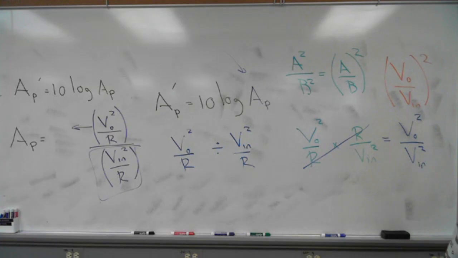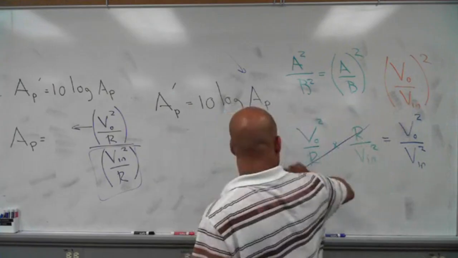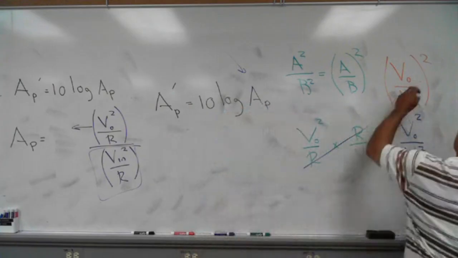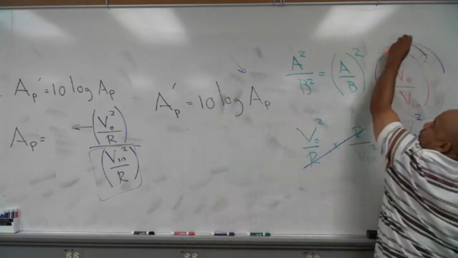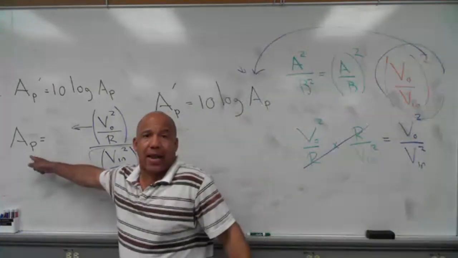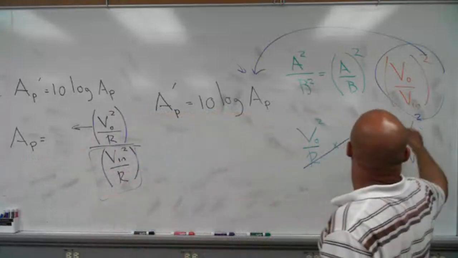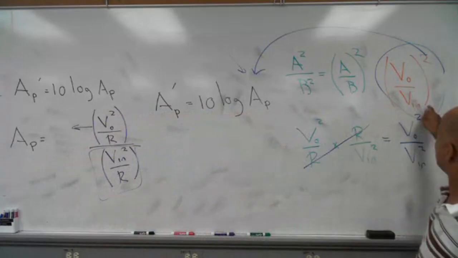And so then I can come back over here and take this and put it over there, because we started out with this AP thing, remember? We did some fussing around with the math, and that boiled down to this right here.